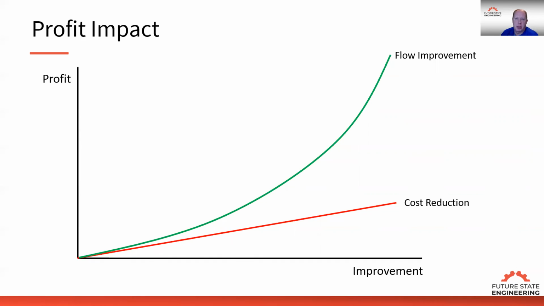So a 5% cost reduction might be fairly easy to obtain. A 25% cost reduction is a massive undertaking. But from a flow perspective, if we understand flow and what's controlling the flow, to get a 25% improvement in flow is not that difficult to do if you understand your system. The leverage is improving flow, and the opportunity is improving flow, not reducing cost.